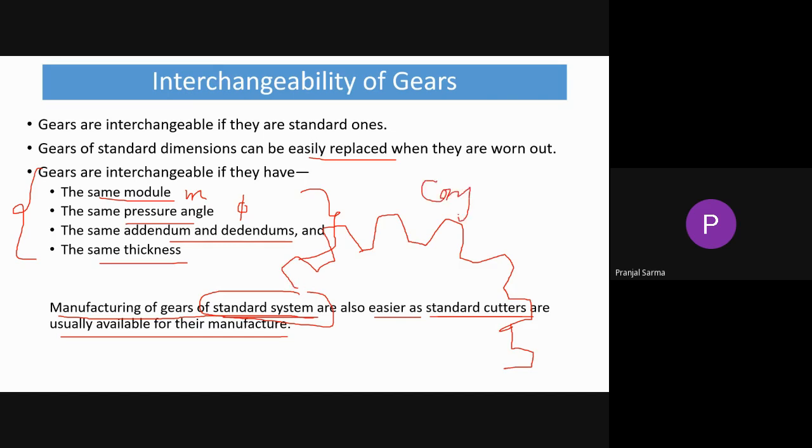That can be done, but it becomes somewhat complex, and this complexity is only justifiable for a very special requirement, where a different tooth form gives you some advantage. Otherwise, making it unnecessarily complex is not advisable.